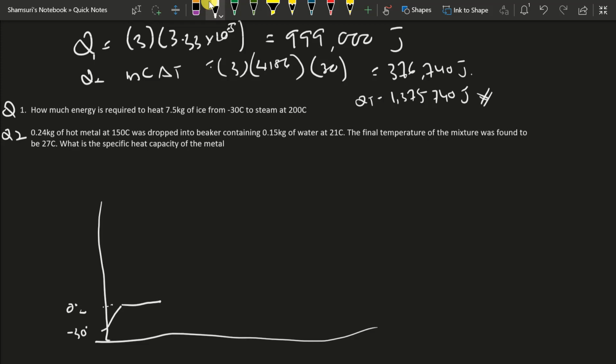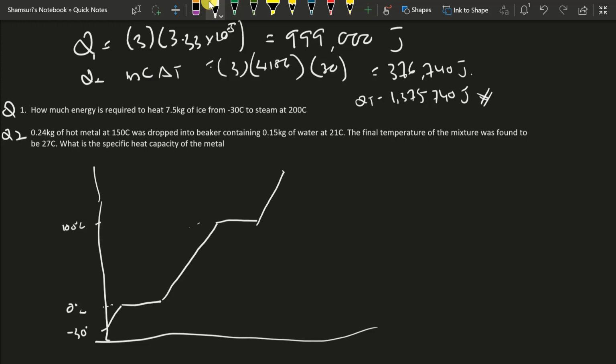Then from 0 degrees to some stage at 100 degrees. So we have something like this, 100 degrees. Then the stage is actually boiling or vaporization, and then after that it goes to 200 degrees.